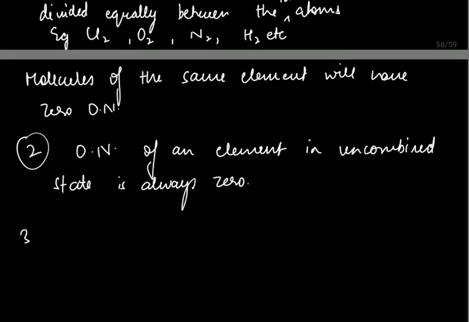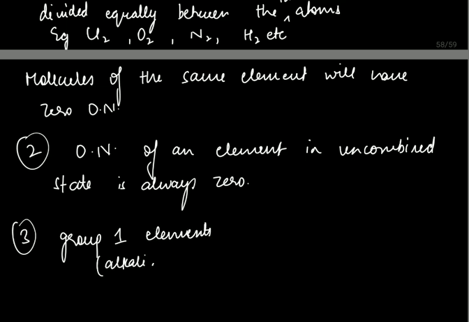Then we talk about the group 1 elements. Group 1 is the extreme left vertical column. So group 1 elements, except hydrogen, I'm not talking about hydrogen over here. Group 1 elements are called alkali metals because most of them are going to form soluble bases: lithium, sodium, potassium, rubidium, cesium, francium.